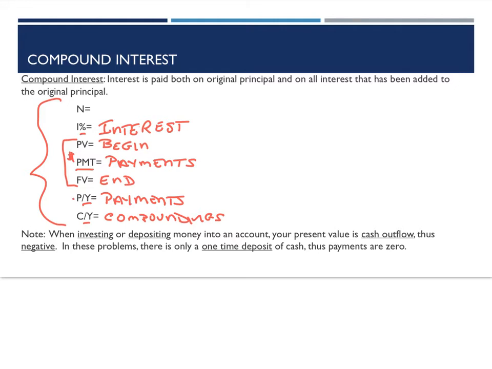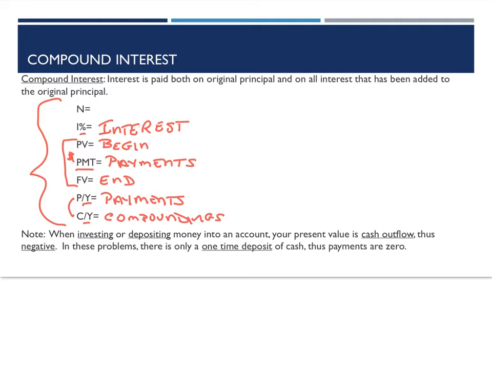These two have to match. If they don't match, it's kind of out of our league. So we may not actually be making payments, but the compoundings are going to be our payments. In other words, that's how many times interest is going to get added to our account.